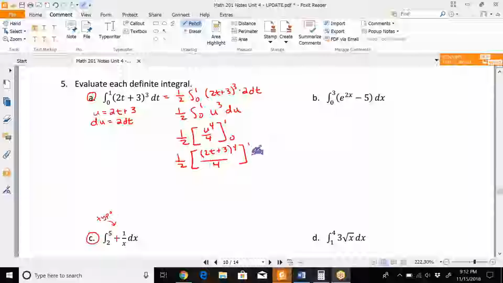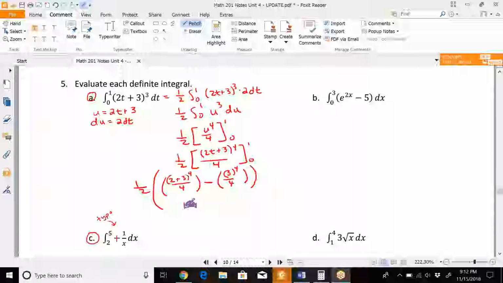And we need to evaluate that, remember, at 1 first and then 0. So you have your 1/2 out front, got a big parentheses. The first evaluation is 1, so that's going to be 2 plus 3 to the 4th over 4. And then we're going to plug in 0, which would just be 3 over 4, with the 3 on top being to the 4th power.